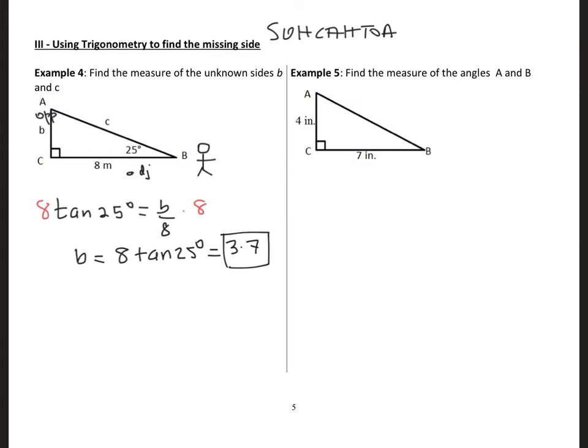And then let me look for side C. I remember when I have two sides, you can use the Pythagorean theorem, but I'm going to choose to use trig so that I can show you some more practice.